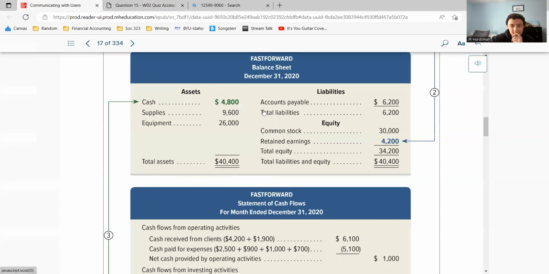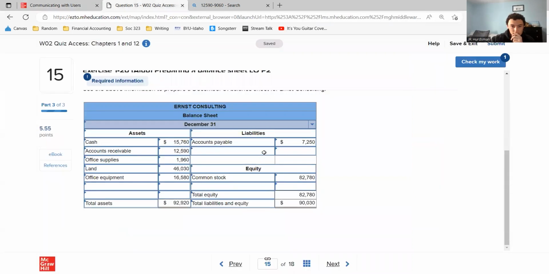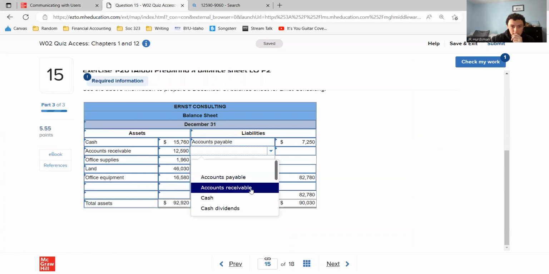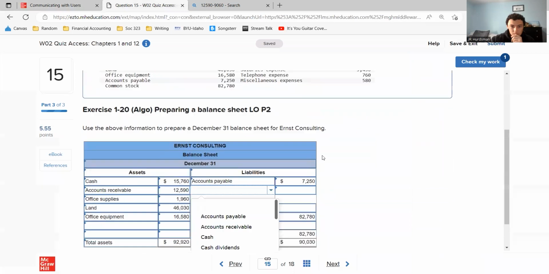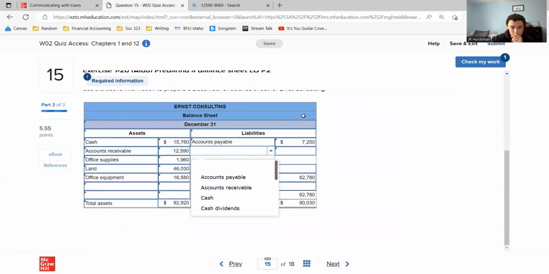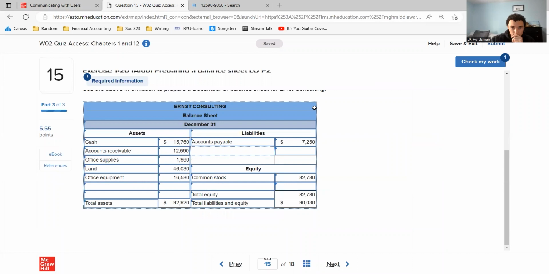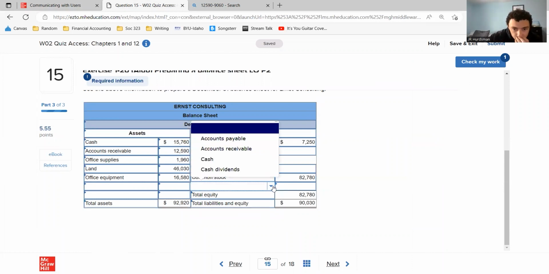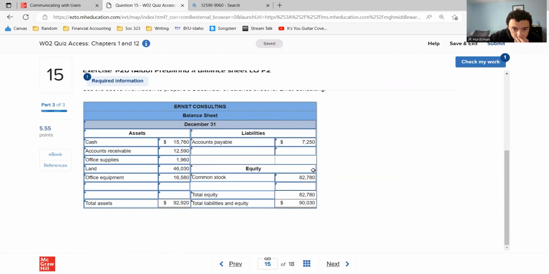All right. I don't know. For me personally, I feel like it's got to be something about this total liabilities, but I don't know how to put that in because there's not really one for that right here. So I guess it can't be that. And then equity, I feel like it could only be that.